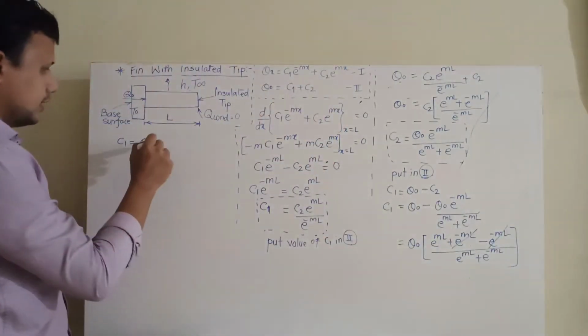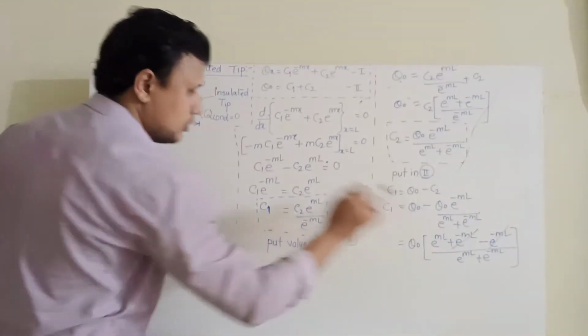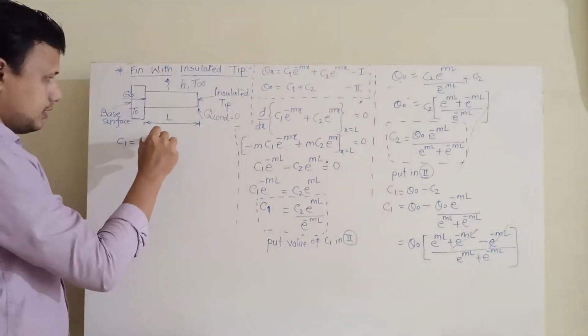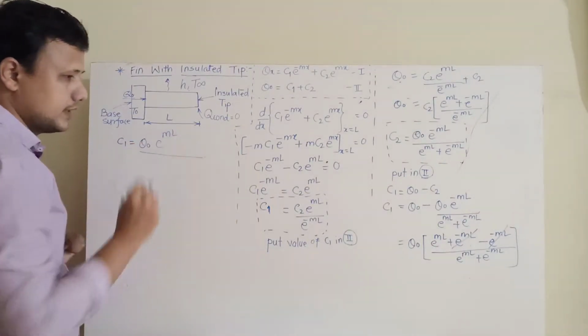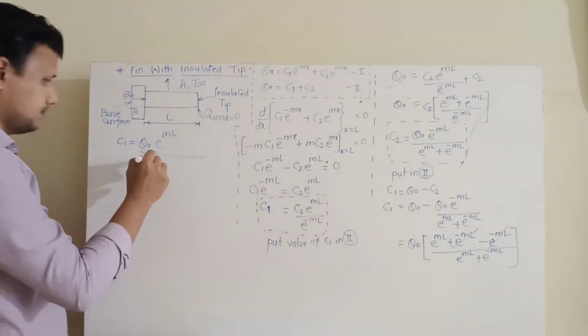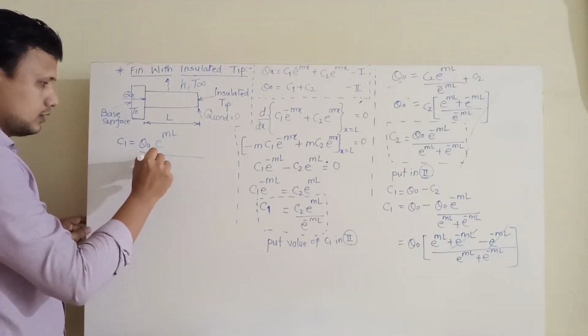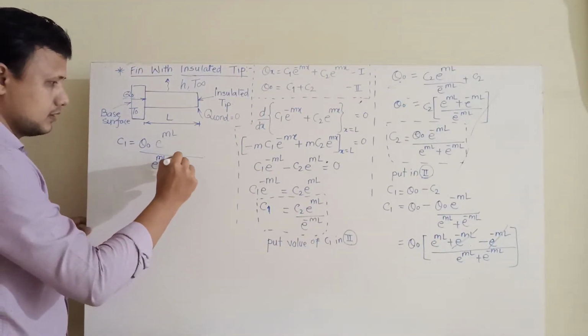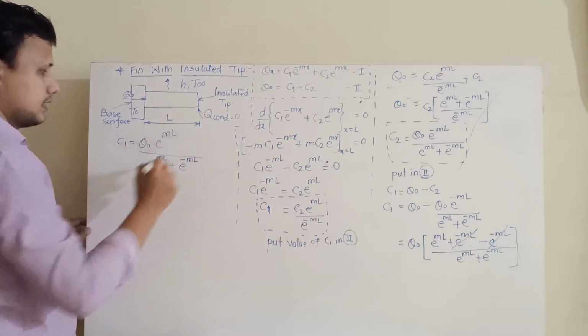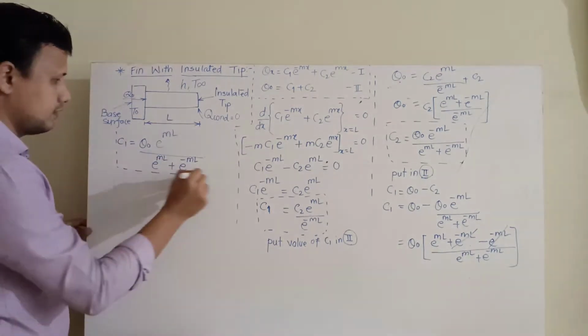So what you get over here is only theta 0 e raised to ml divided by the denominator e raised to ml plus e raised to minus ml. That is the value of C1.